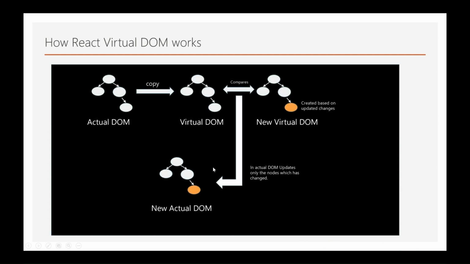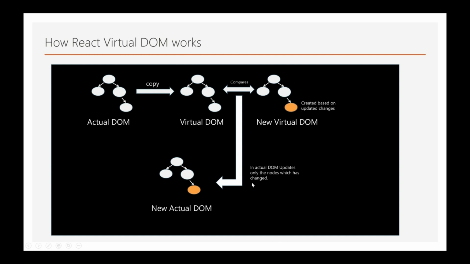Now let us understand how the React virtual DOM works. First, React creates a copy of the actual DOM called the virtual DOM. Then if something changes in the React app, it will create a new virtual DOM. It will compare the two virtual DOMs using diffing algorithms and identify the nodes which have changed.